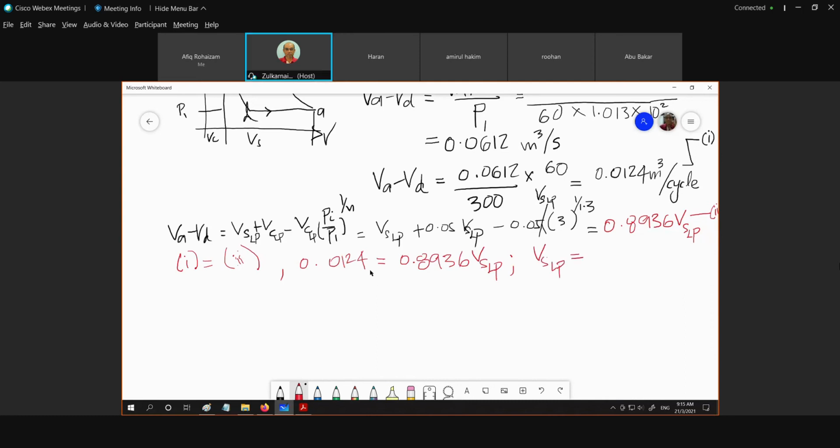So, saya rasa VA tolak VD tu sama dengan 0.01224. Ada dua-dua. Nilai ni. This value. Ni berapa? 0.01224.